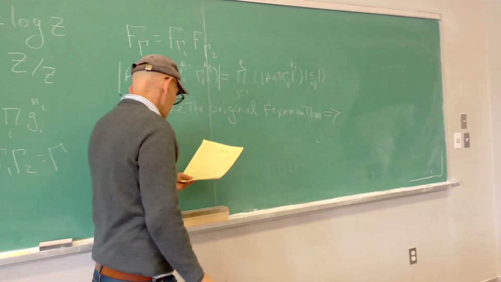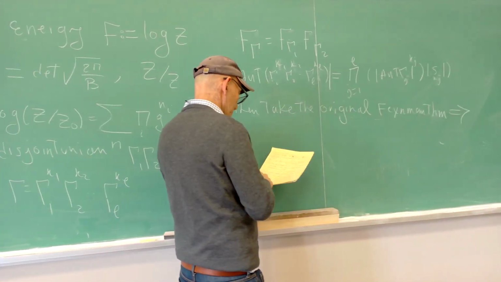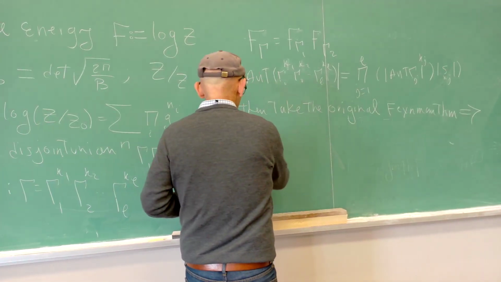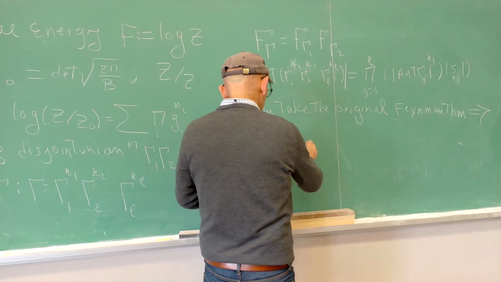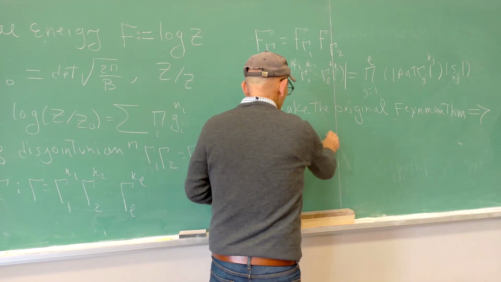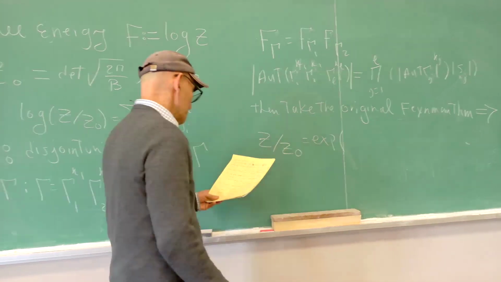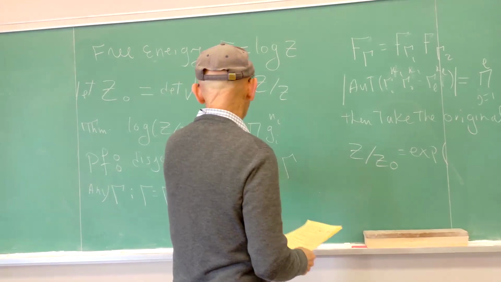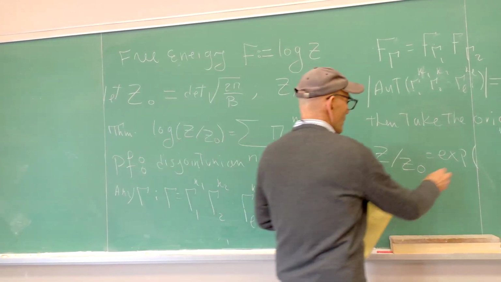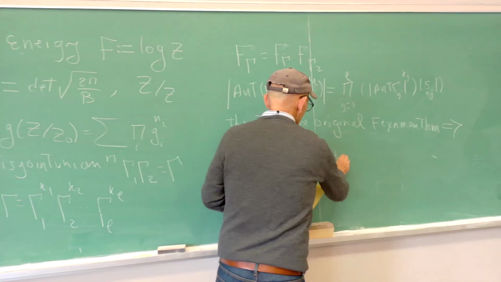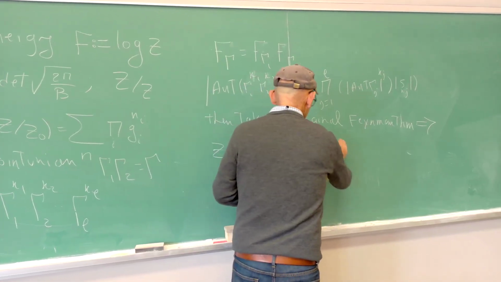And this tells us, first of all, just write Z over Z0, which is, of course, equal to the exponential of the right-hand side of our formula, of the star.